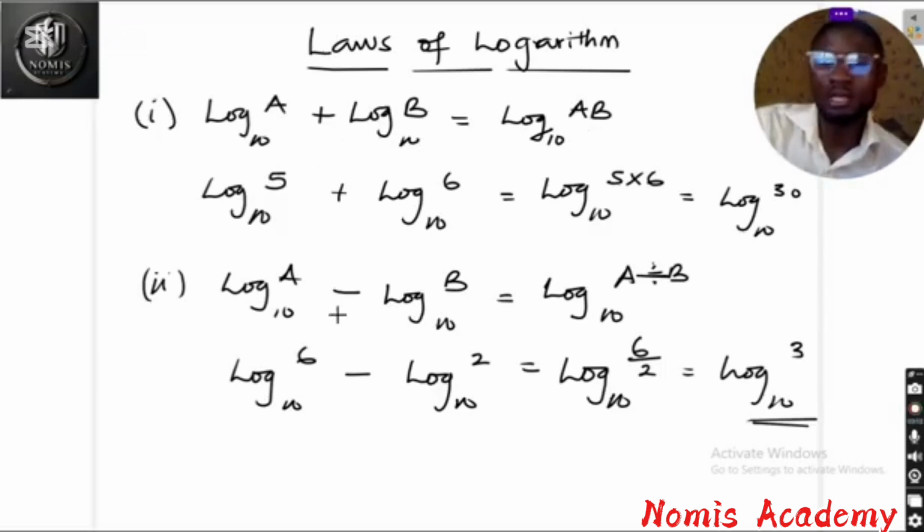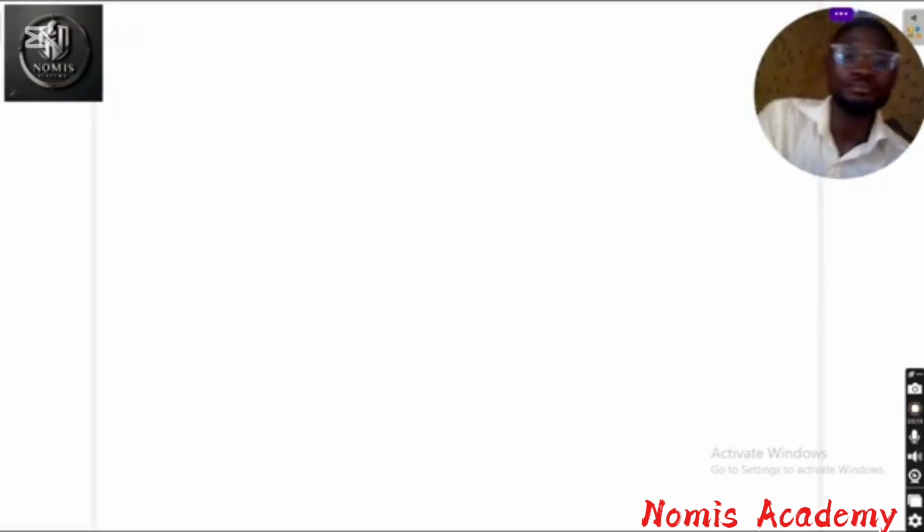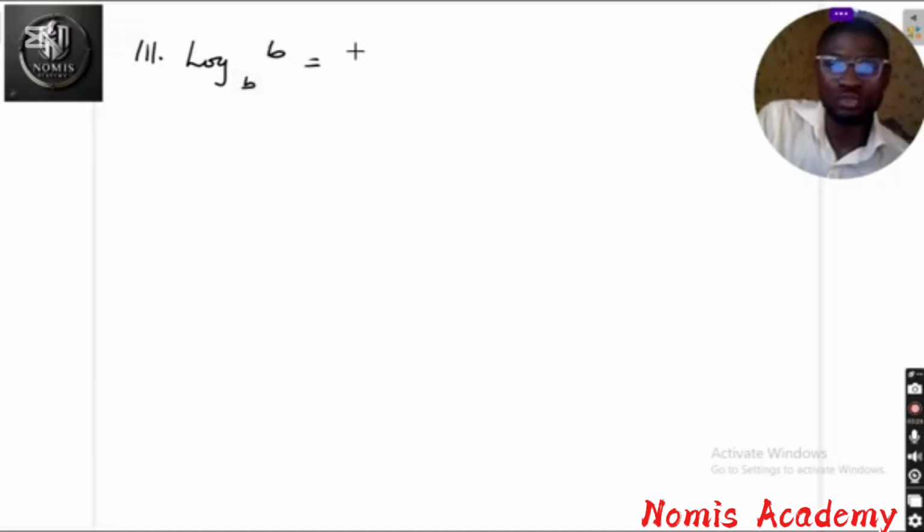So let's take rule number 3. Rule number 3 says log B base B is equal to 1, meaning that a log whose base is the same as the number being logged is equal to 1.